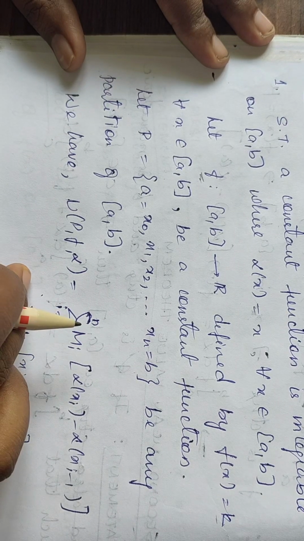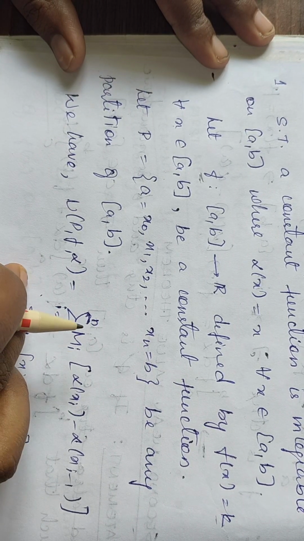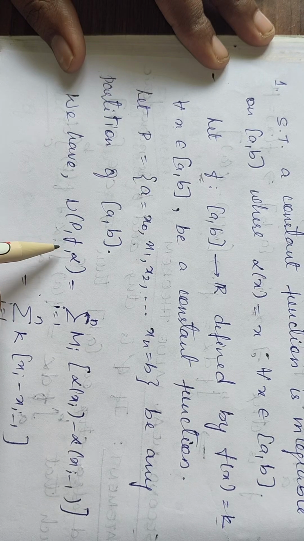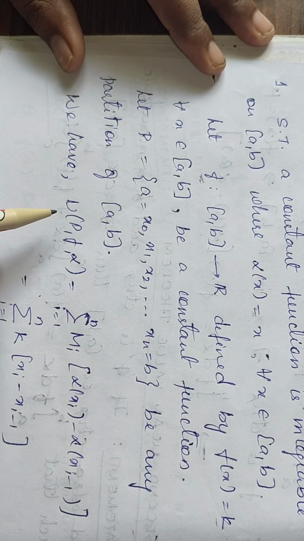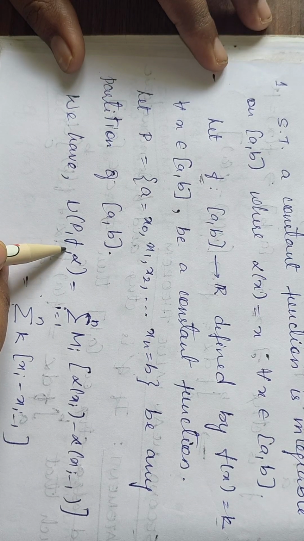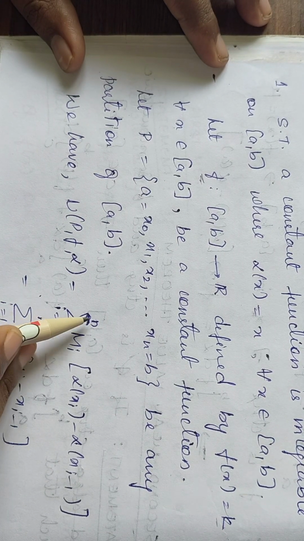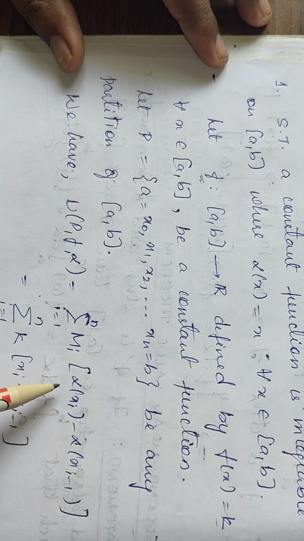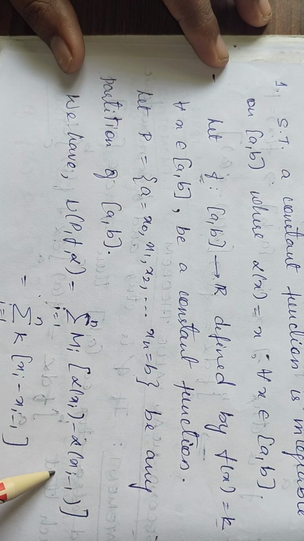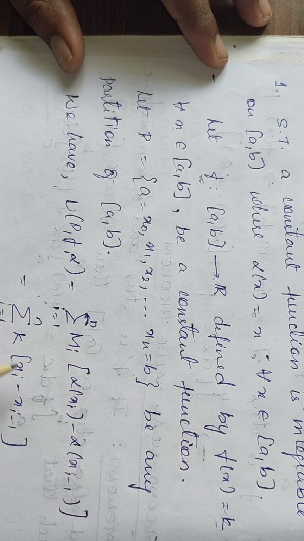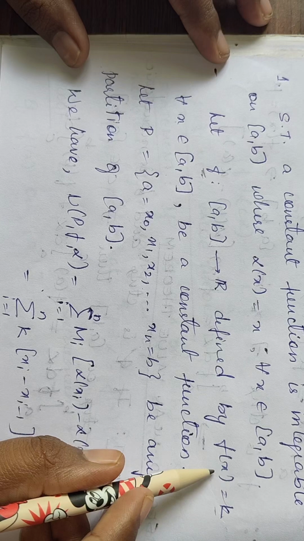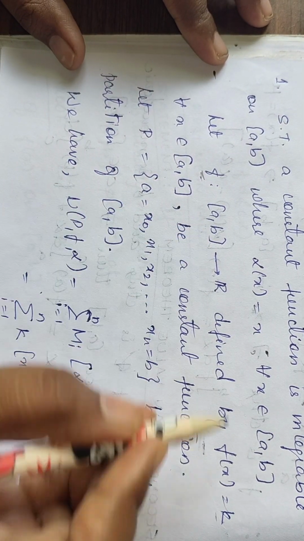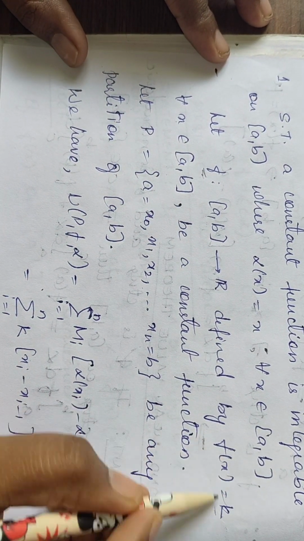Okay, and for me to find the upper Riemann integral, first I need to find what is U(P, f, alpha). So according to the definition of upper sum, I have U(P, f, alpha) is equal to summation i equal to 1 to n, capital Mi into alpha(xi) minus alpha(xi minus 1), which is equal to, see here, this capital Mi is k because each and every member in this interval is mapped to k because it's a constant function.